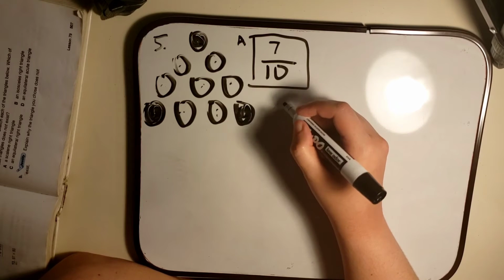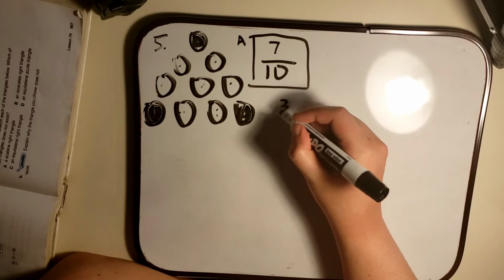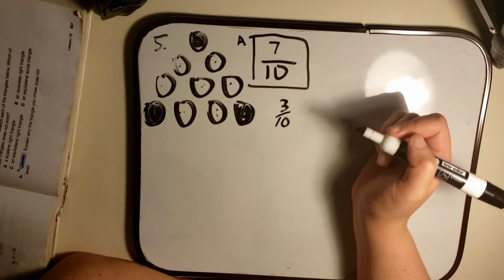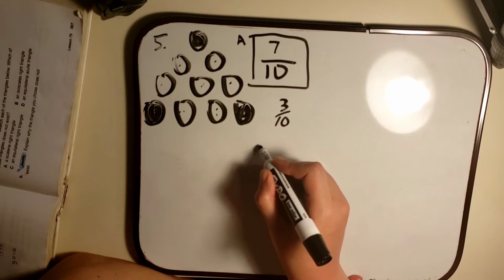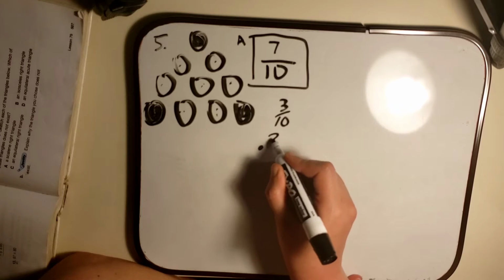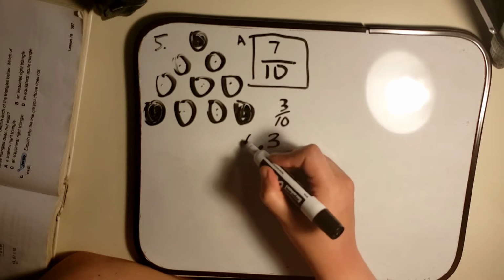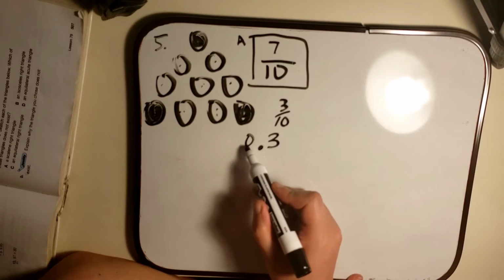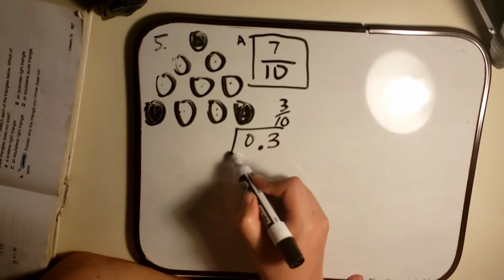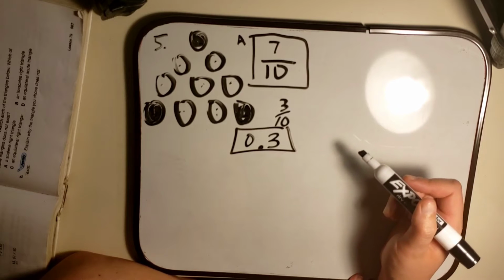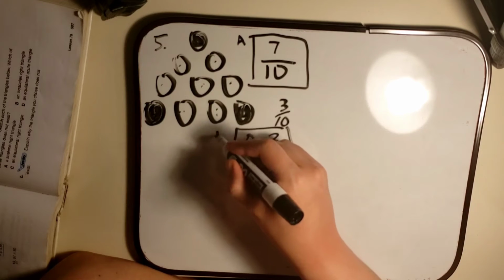So as a fraction, it would be 3/10. But to write 3/10 as a decimal, we put our 3 in our tenths place value. And we always put a 0 first. So we have 0.3 or 3/10. And that is our answer for B.